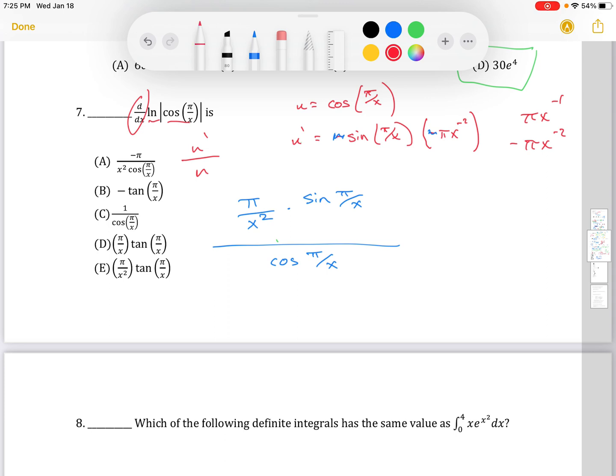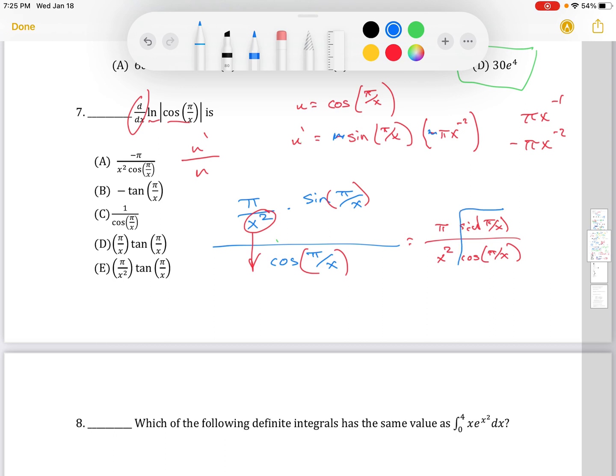Using my fraction properties, I can tell you that this x squared is going to crawl down here. This is part of the trig function. This is part of the trig function. So I end up with pi on top with sine pi over x. And then on the bottom I have my x squared and cosine pi over x.